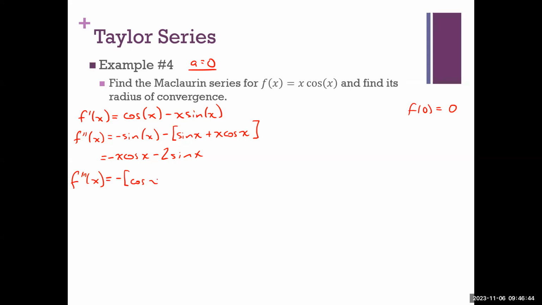Negative cosine x minus x sine x, minus the derivative of 2 sine x minus 2 cosine x. Does that simplify for me at all? Minus 3 cosine x plus x sine x.